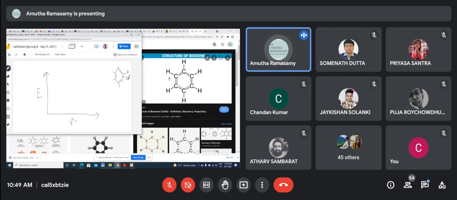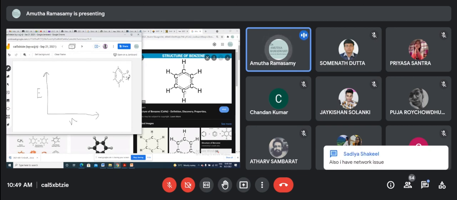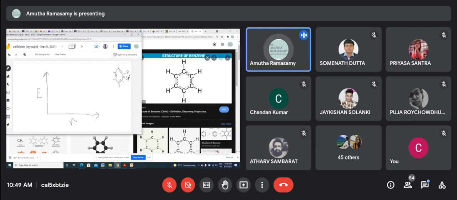This is planar because this is a partial bond. This is a stable structure. Stable means the interaction between C and H is comfortable, the interaction between C and C is comfortable. The entire benzene ring is in a comfortable state, which we call a stable state.